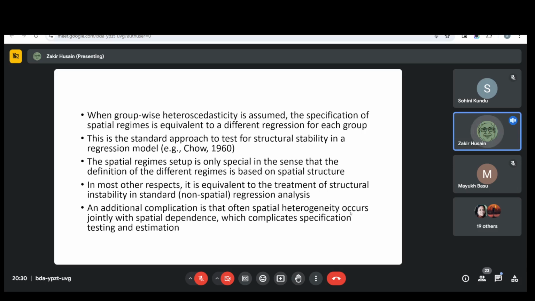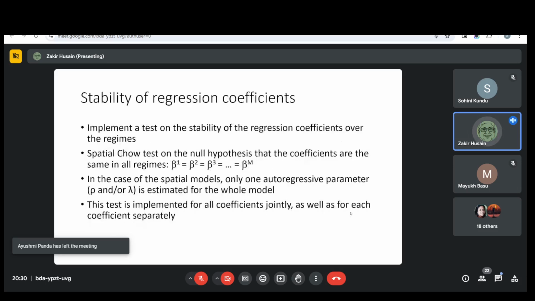Then it becomes a spatial regression, and it becomes more complicated. Both estimation and specification testing will become more complicated. But if it is an OLS, we can just run it and apply the Chow test.